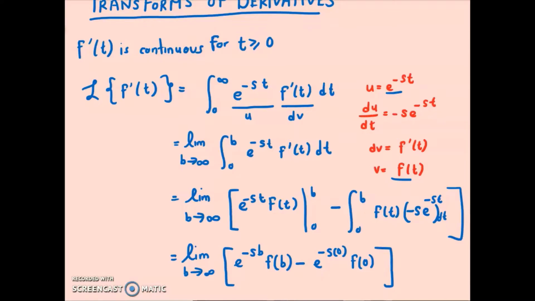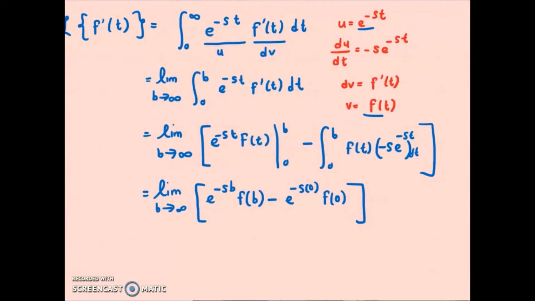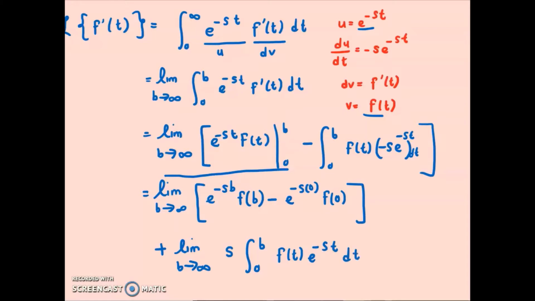I just did the first part, this part here, which gives this whole thing, and then plus the limit as b approaches infinity of the integral of this one. Now we have to integrate with respect to t. So let's take out the s, of 0 to b, f of t e to the negative st dt. Okay, so now we're left with this.